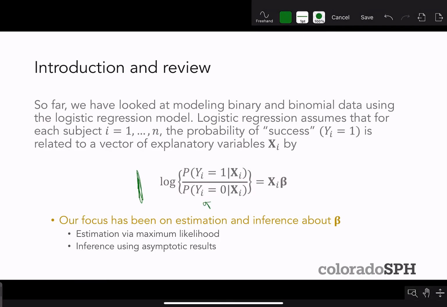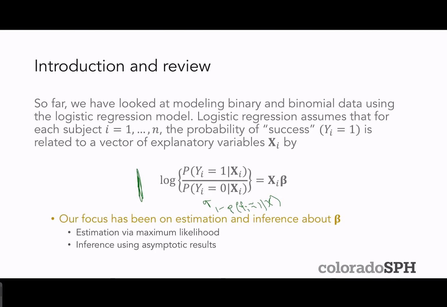Sometimes you'll see this as 1 minus p probability yi equals 1 given x, but it's the same thing. And our focus has been on estimation and inference about beta. The estimation is done via maximum likelihood, and inference is using asymptotic results like the Wald test and the likelihood ratio test.